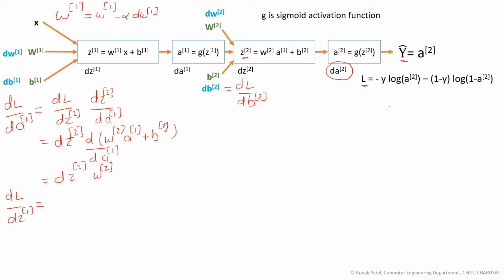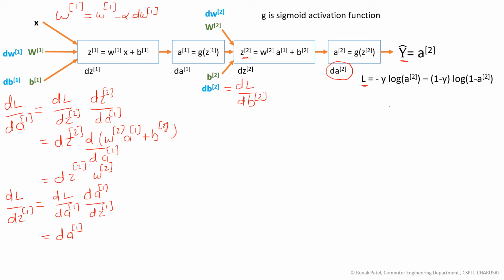So based on chain rule, I can write it like this: dl upon da1 into da1 upon dz1. Okay, this is your da1, which is dz2 into w2, and this term da1 upon dz1, what is this?